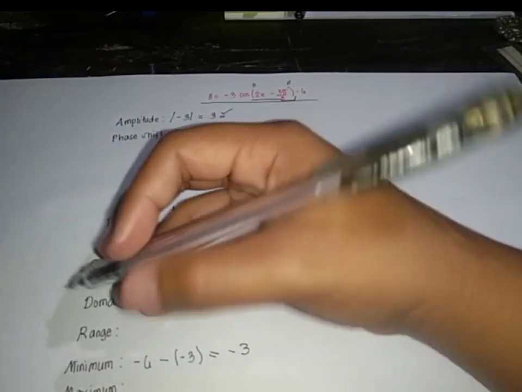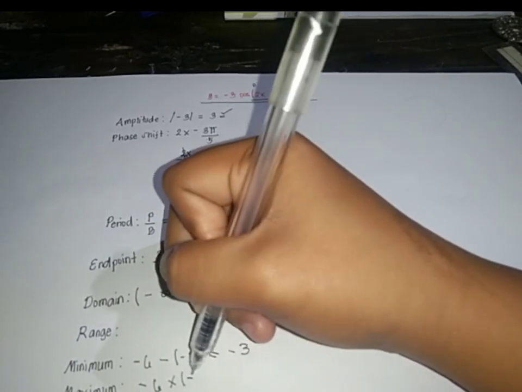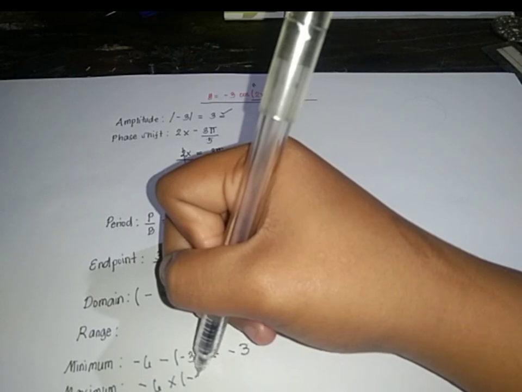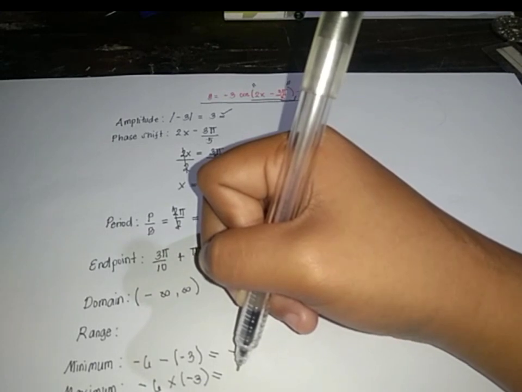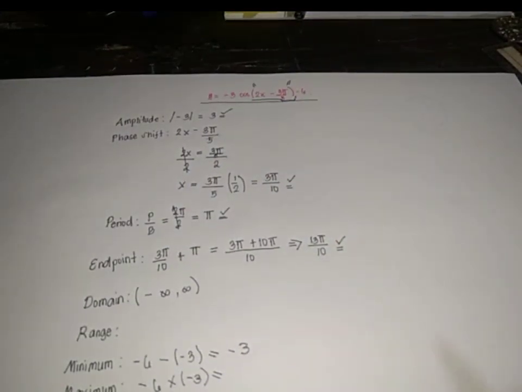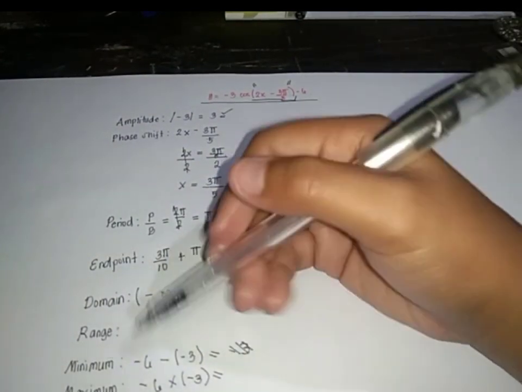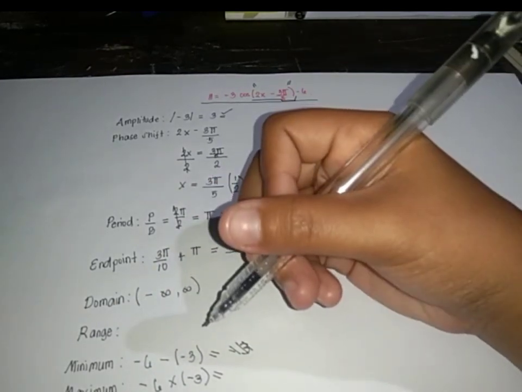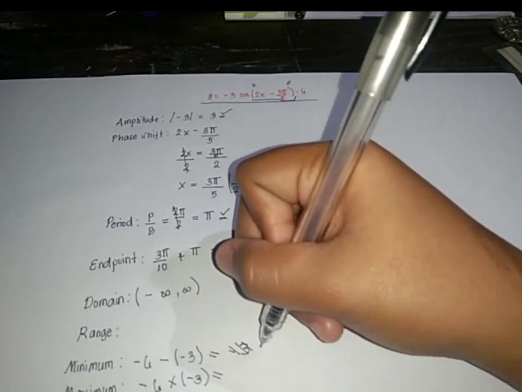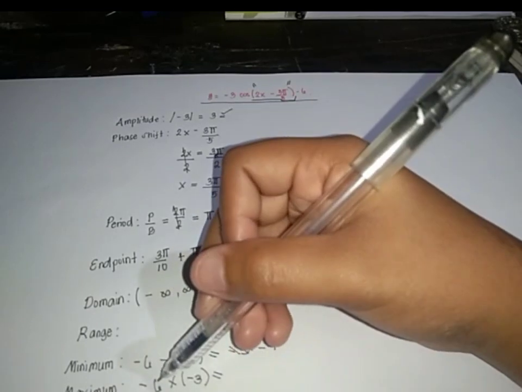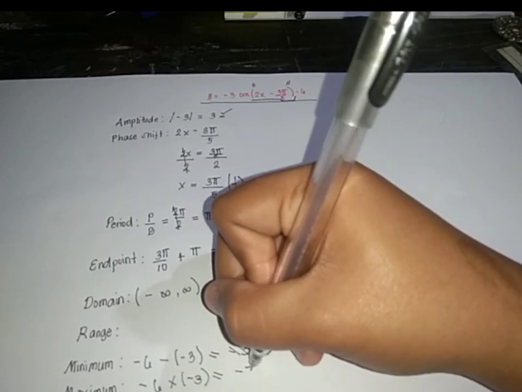And our maximum is negative 6 plus negative 3 equals, this is wrong, I mean negative 6 minus negative 3 is equal to negative 9, and negative 6 plus negative 3 is equal to negative 3.